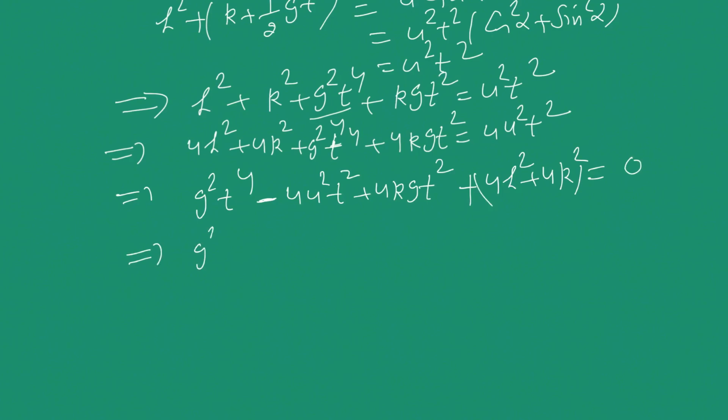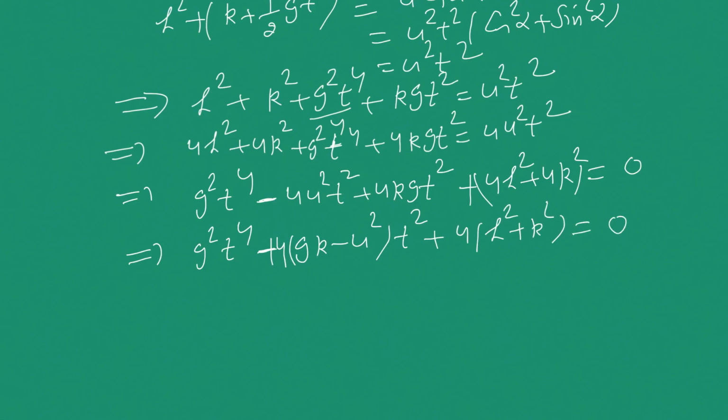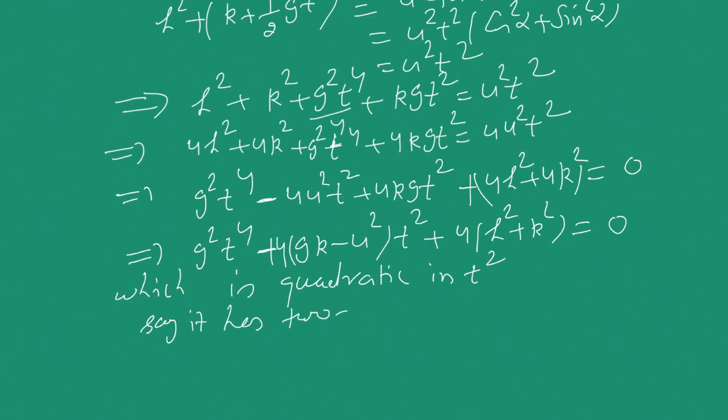This implies g square t4 plus 4 (gk minus u square), with 4 taken out, times t square, plus 4 (h square plus k square) equal to 0, which is quadratic in t square. So say it has two roots, t1 square and t2 square.